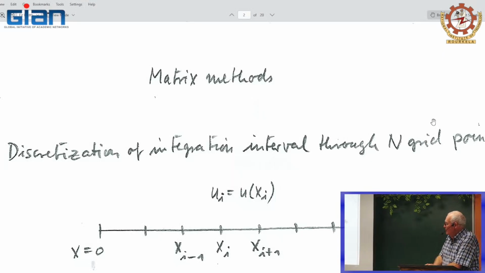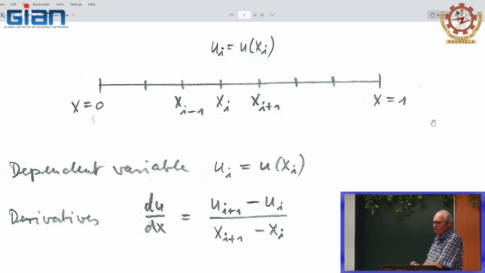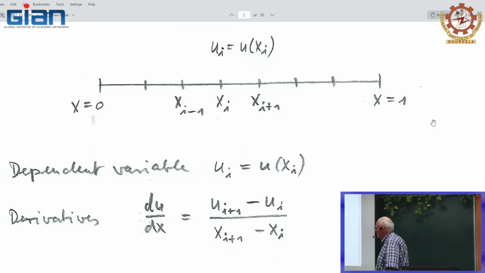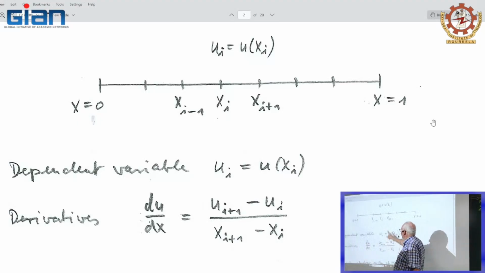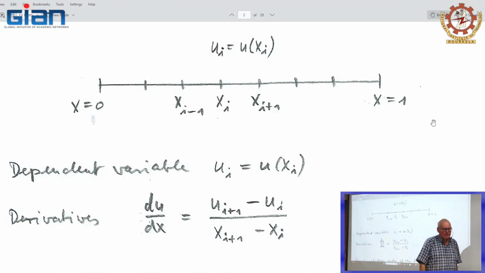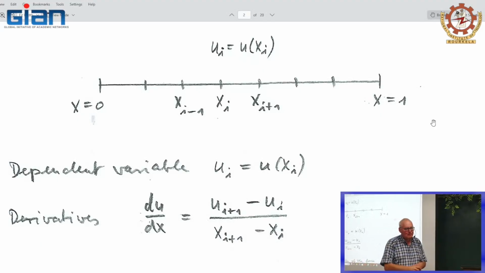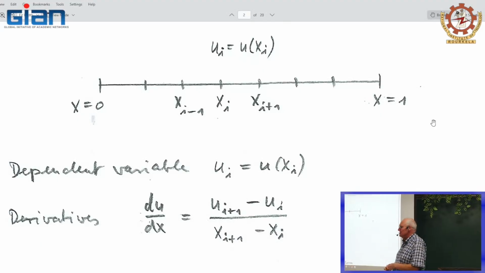The dependent variables are parameterized in this way, and the derivatives in the simplest case may then be given by the value of u at point i plus 1 minus u at point i, divided by the difference of the grid points, xi plus 1 minus xi.